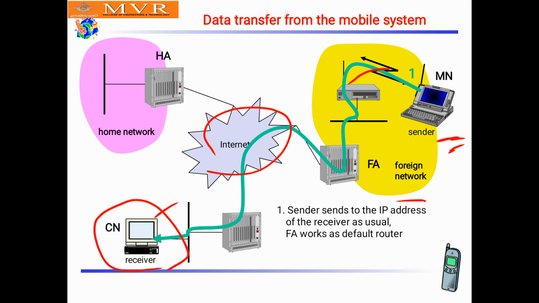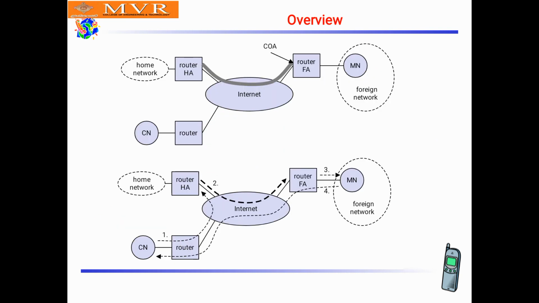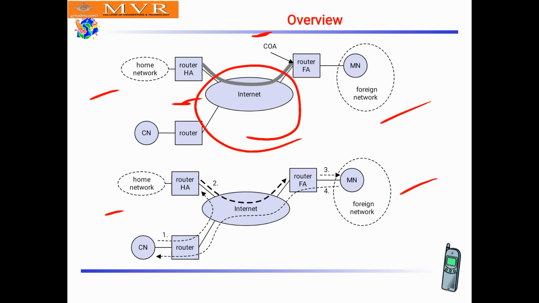See this example. It is the overview, and here the foreign network and the home network is there. This home network has the router of home and internet, and the corresponding agent is there, care of agent is there, and this router FA, mobile node in the foreign network.